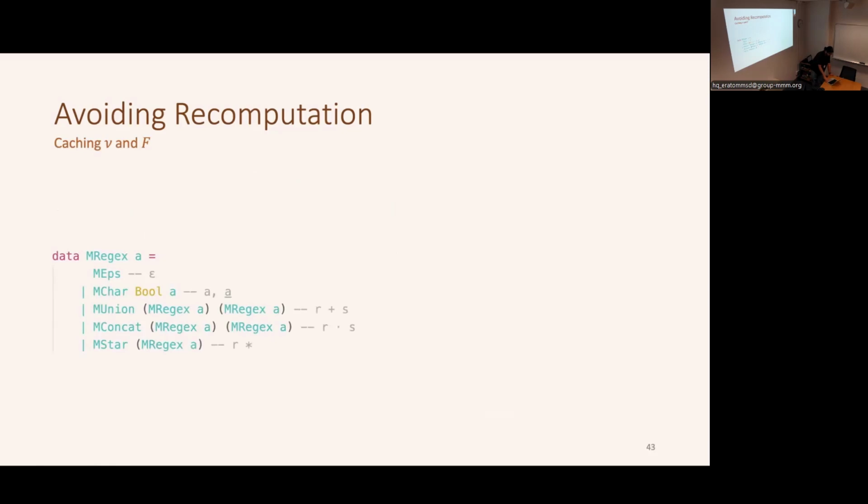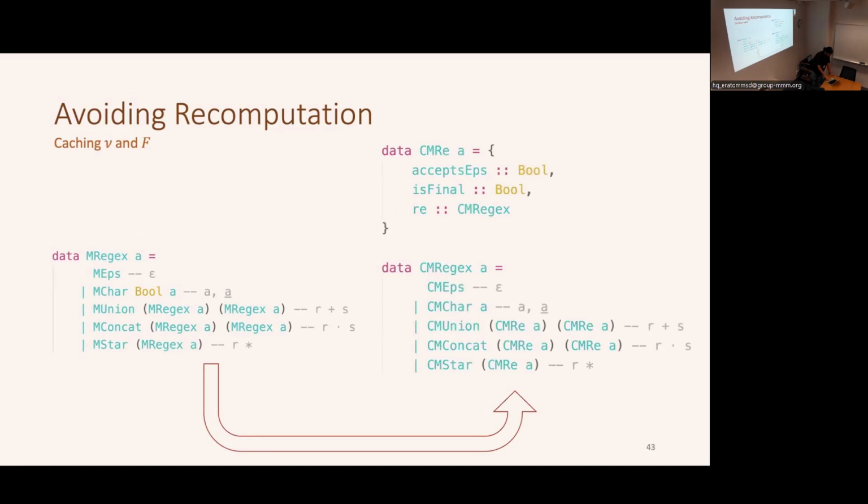So this is what we had originally in the previous slides. Instead of this, we will have this kind of data structure with additional fields holding booleans: this boolean corresponds to new and this boolean corresponds to if.